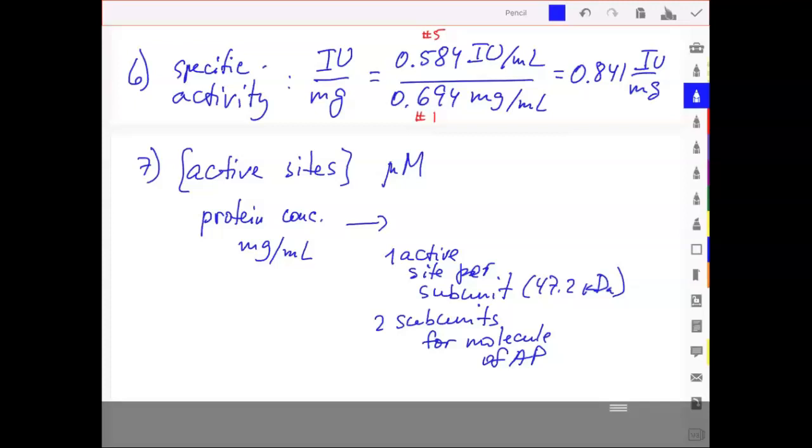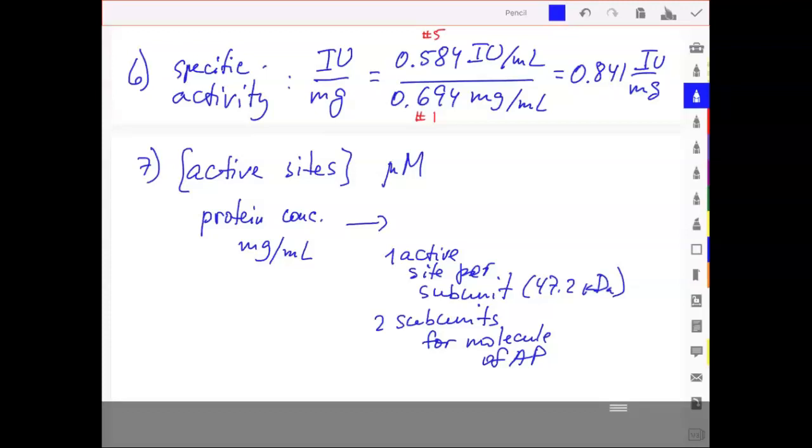Hopefully, if someone already studied it, you know. If this is a protein you're studying for the first time, you kind of have to go figure that out. Okay, but for us, basically, we're going to make the assumption that in our purified protein preparation in the pool, all the protein we have is AP. That's an assumption we make.